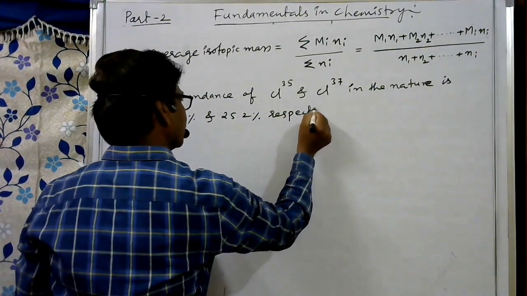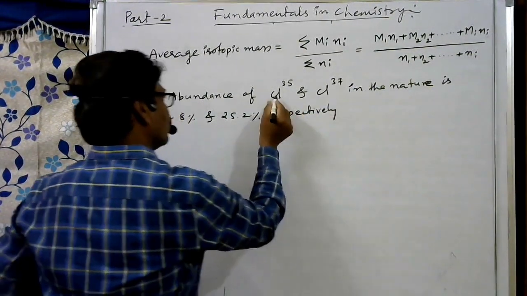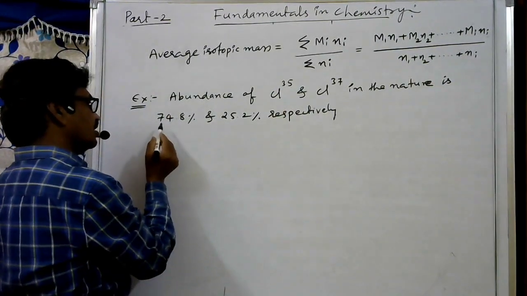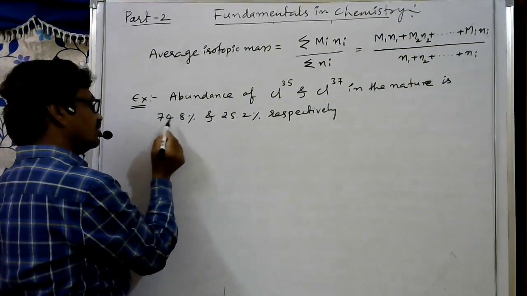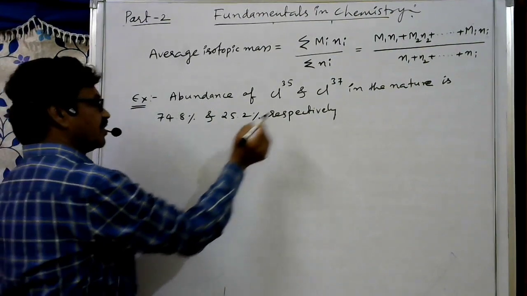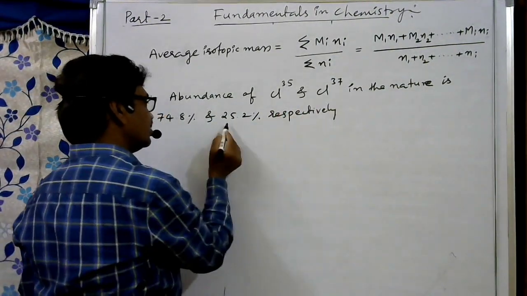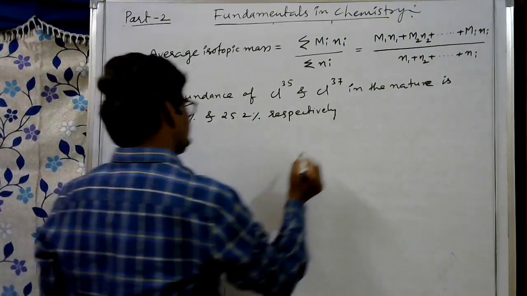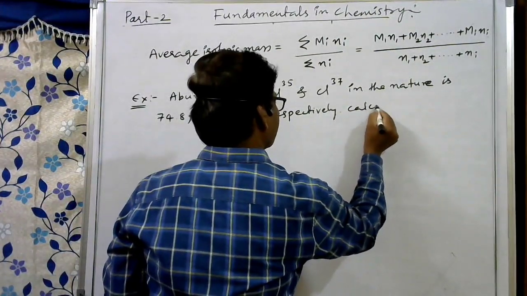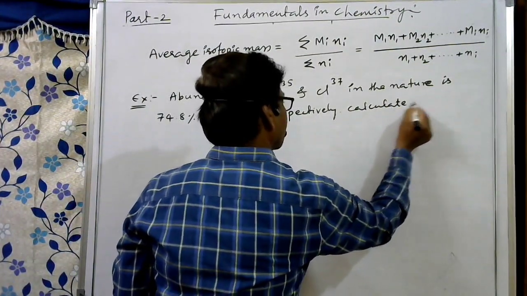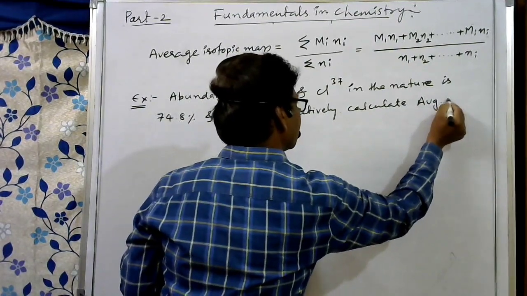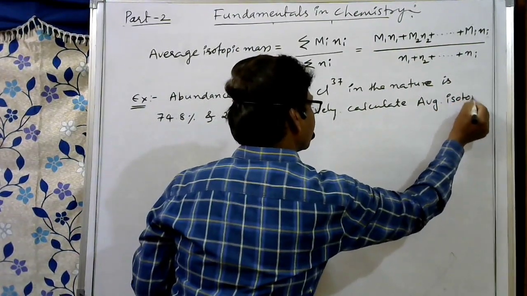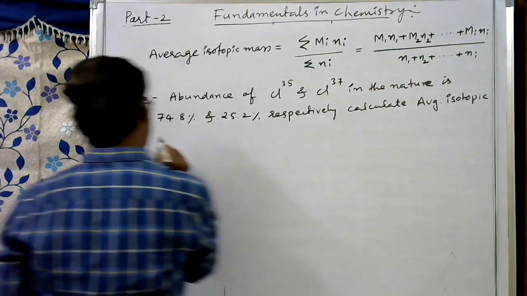Respectively means chlorine 35 is with 74.8%, chlorine 37 is with 25.2%. Here they are asking to calculate the average isotopic mass.